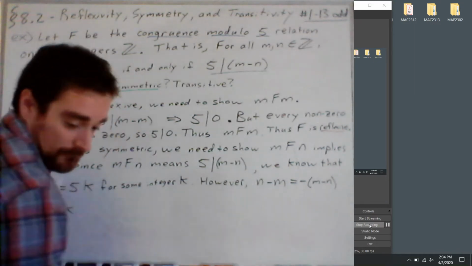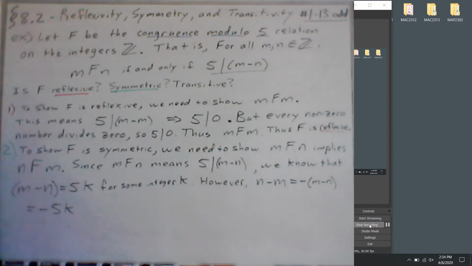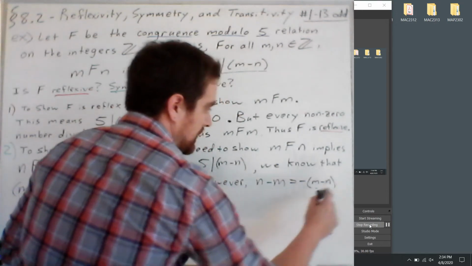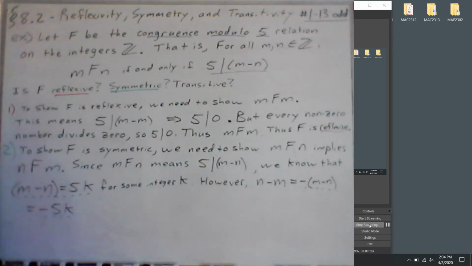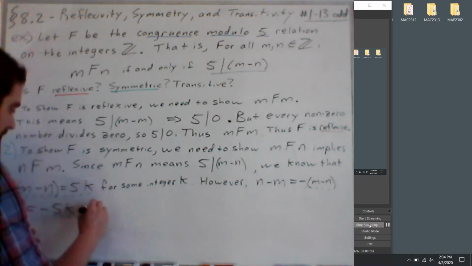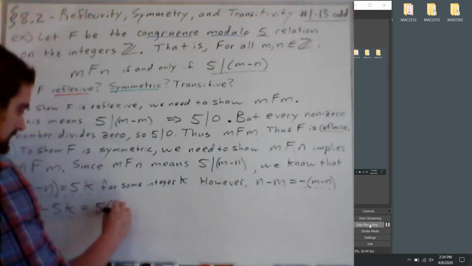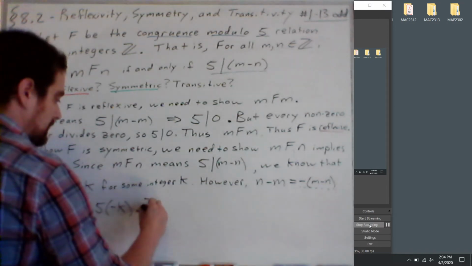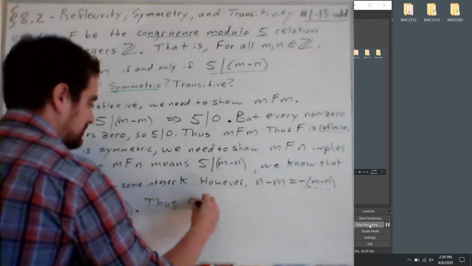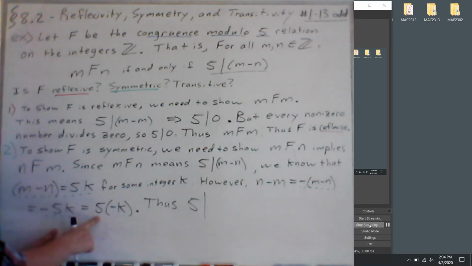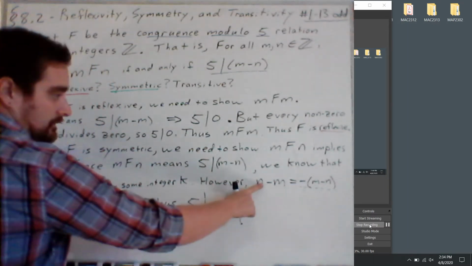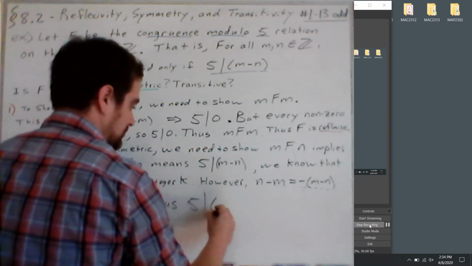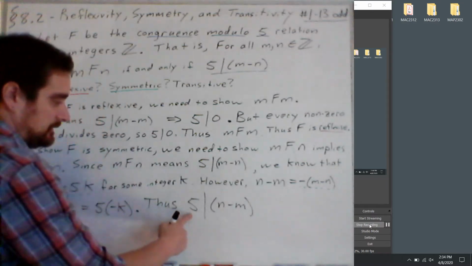Because if m minus n is 5k, isn't the opposite of m minus n negative 5k? Yes, it is. It has to be, which is the same thing as 5 times negative k. Thus, 5 divides, since this is a multiple of 5, it's divisible by 5.